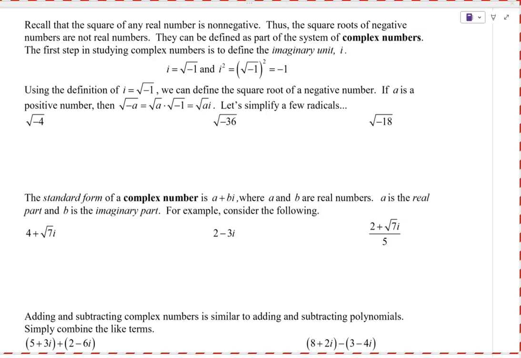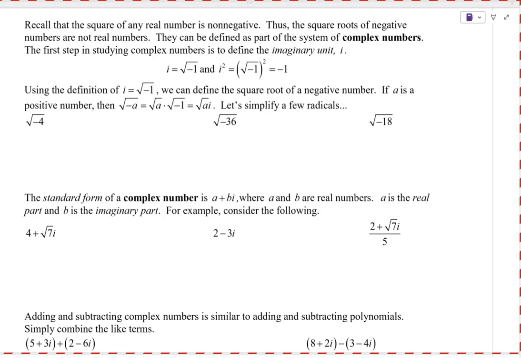We simplified radicals assuming everything was a positive value. And the reason why we assume everything is a positive value, because ordinarily, at least for real numbers, we can't take the square root of a negative. The reason for that is because, of course, if I square any number, or if I take a negative times a negative, I always get a positive, right?